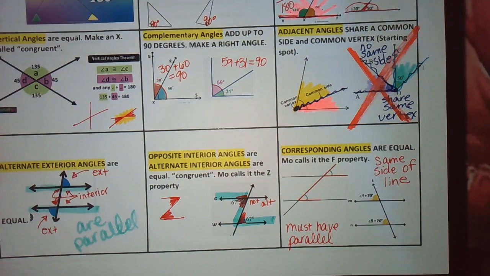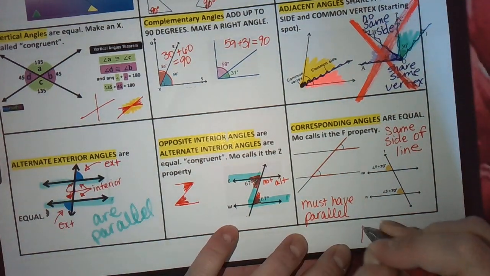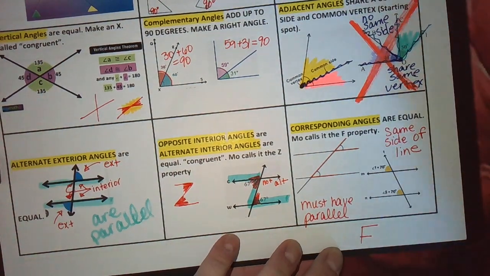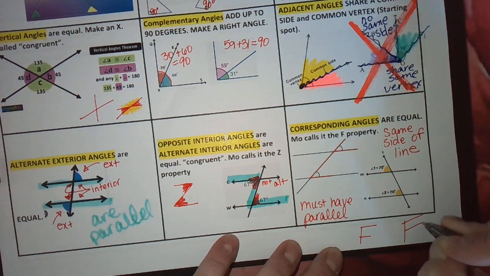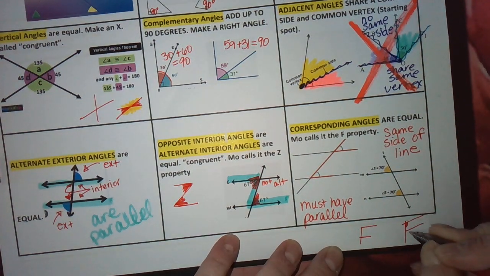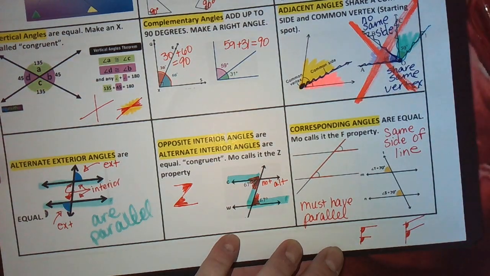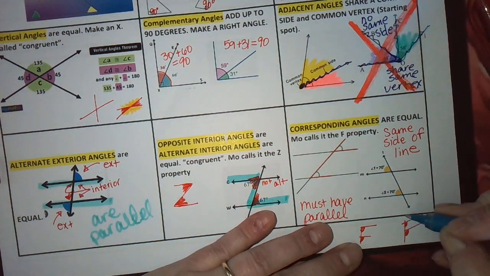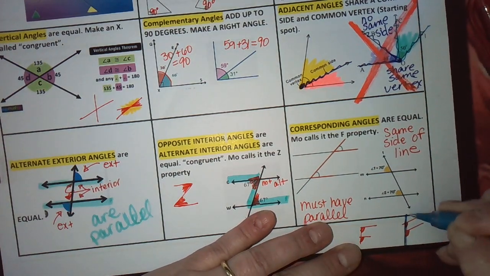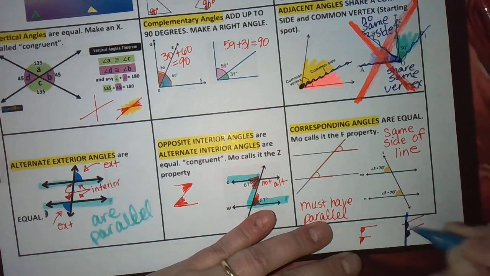And I call this the F property because if you draw an F, or even if it's kind of crooked, it means the inside angles of that F are equal. Or if you follow that line that cuts through the parallels, those angles on that line are the same.